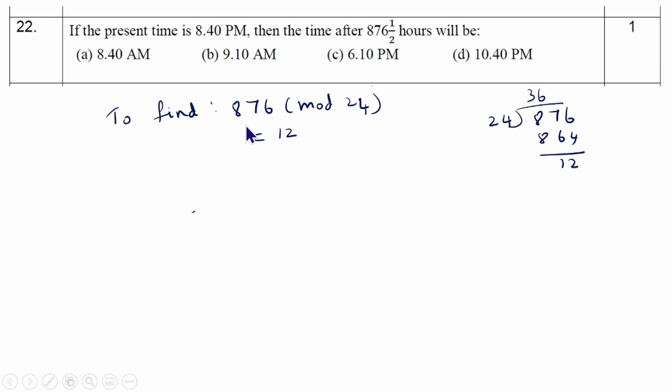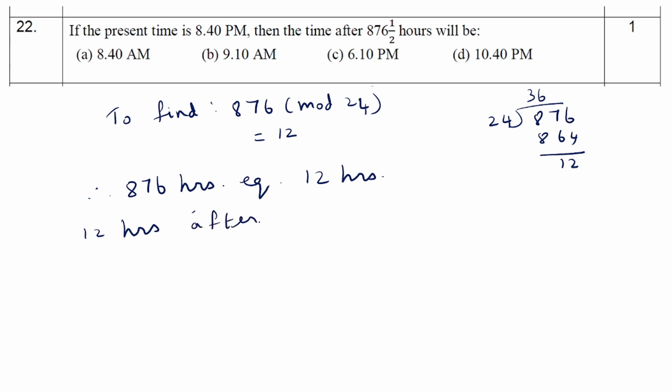It means 876 hours is equivalent to 12 hours. So 12 hours after 8:40 p.m. is 8:40 a.m. It is 8:40 a.m.